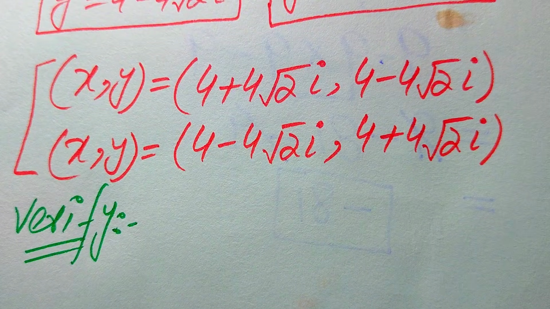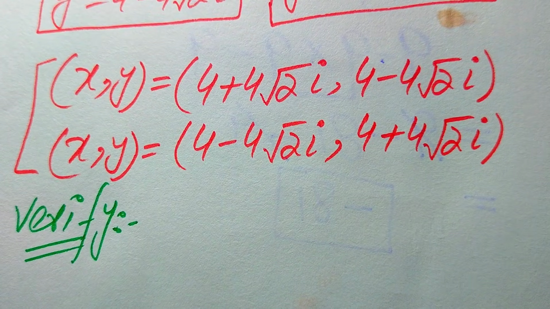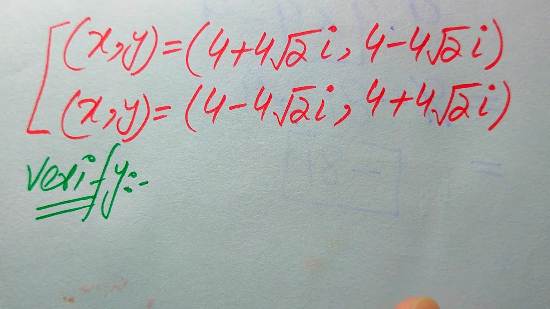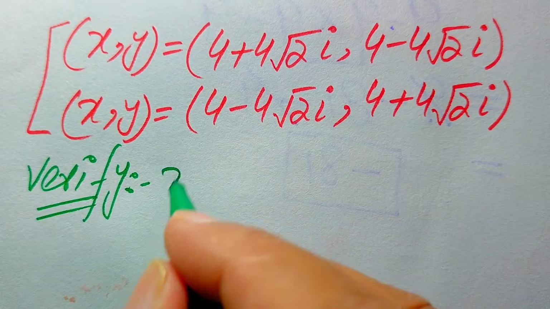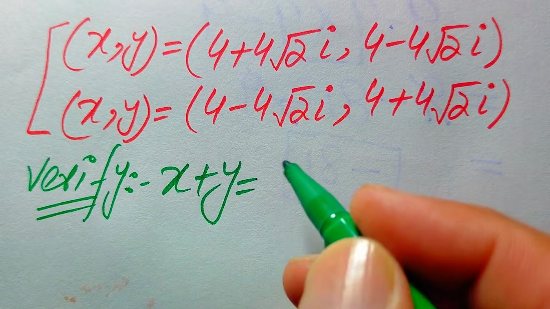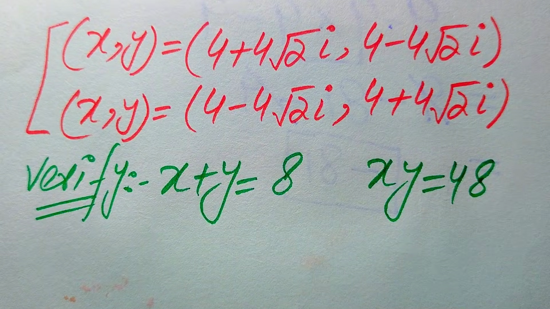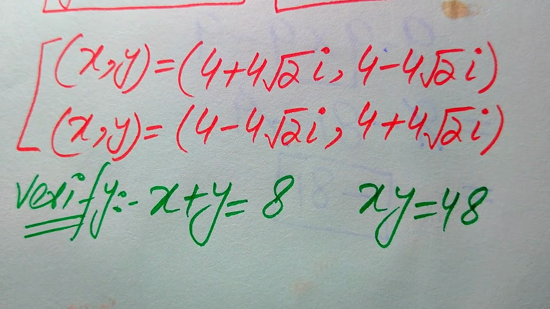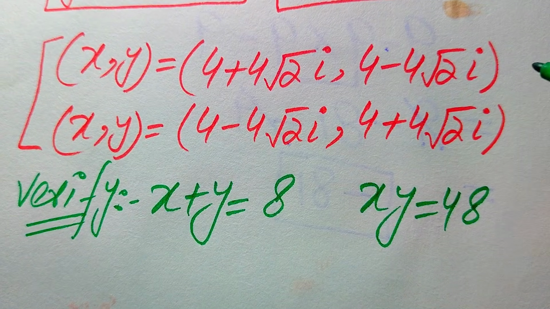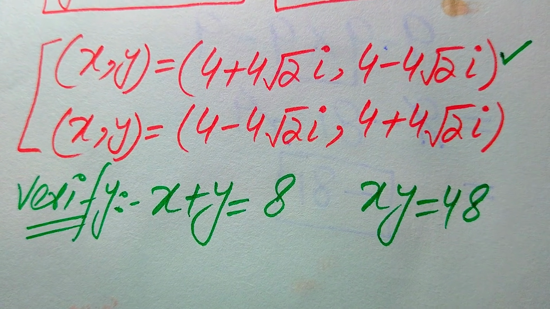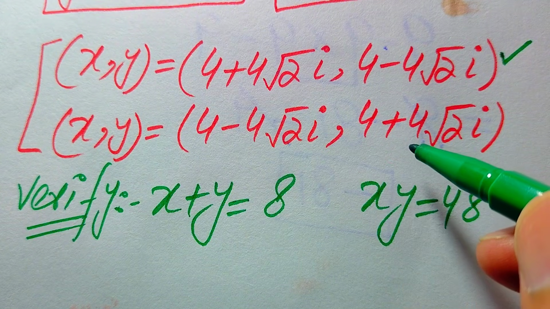So for verification we need to copy down the given question statement, and it is x plus y equals 8 and xy equals 48. Here I can verify just one root, the first root, and I leave the verification of the second root to you.